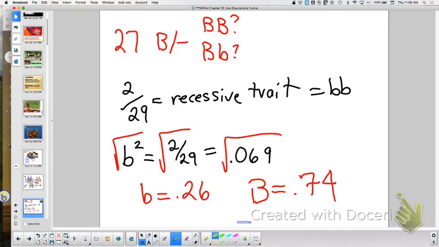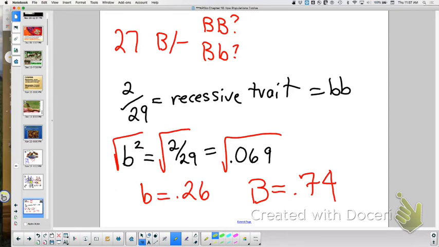Another way of writing little b, little b is writing what? b squared. So we knew 2 out of 29 was 0.069. We just took the percentage of the room of blue-eyed people. You just take the recessive trait percentage, get the square root to solve for b.